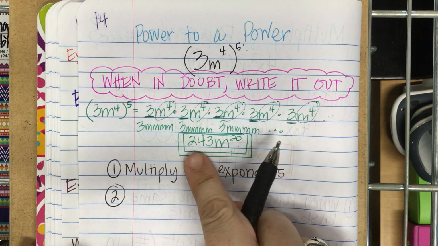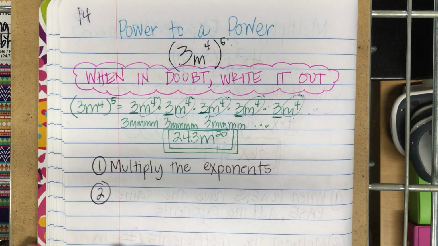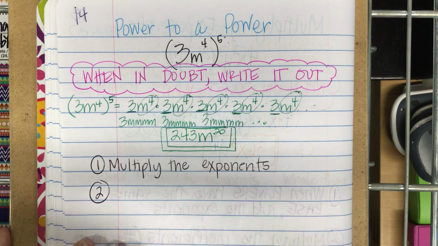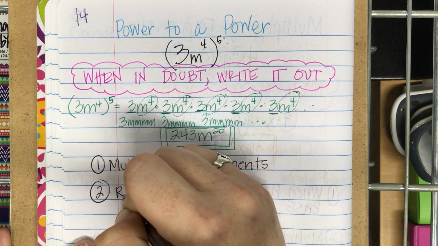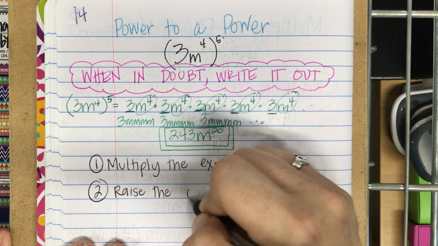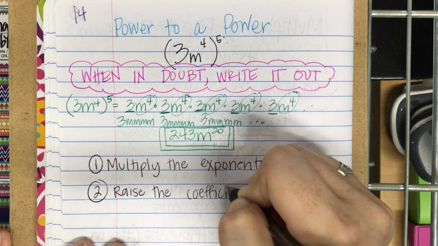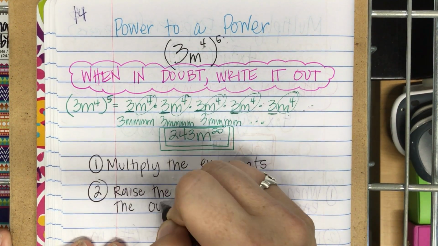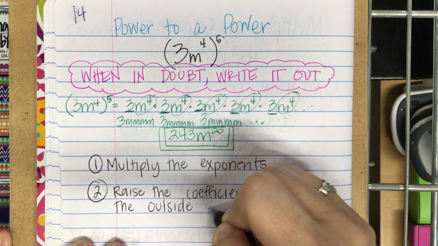But how do you get this 243? It's called raising the coefficient to the outside exponent.